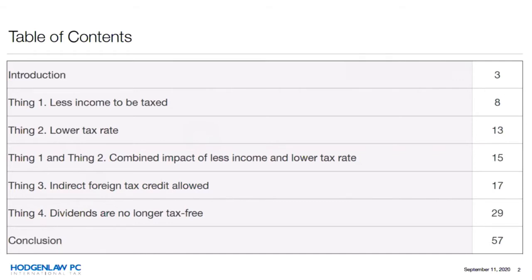Thing 3, it allows human beings to take the indirect foreign tax credit permitted by Section 960. And Thing 4, Section 962 obliterates the entirely fabulous Section 959, which says all dividends from CFCs are tax-free, and instead substitutes a new rule saying some of the dividends are going to be indeed taxable. So those are the 4 things we're going to talk about today.